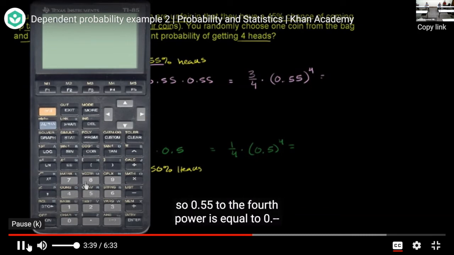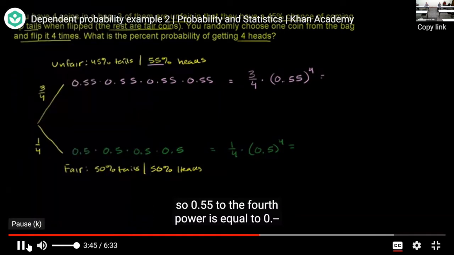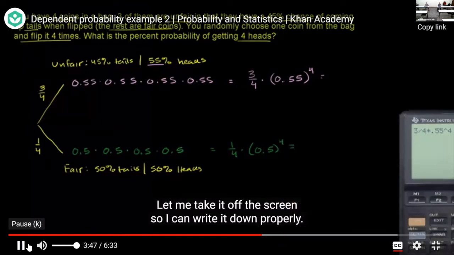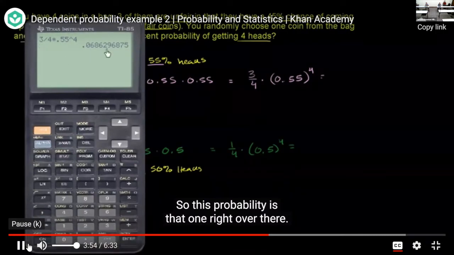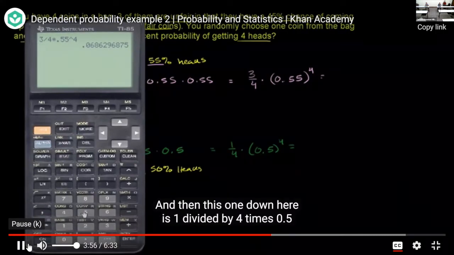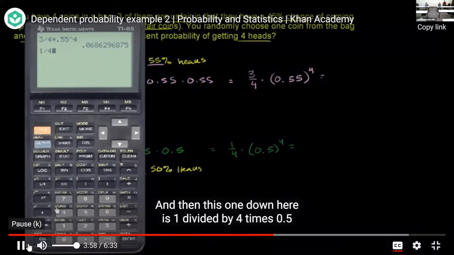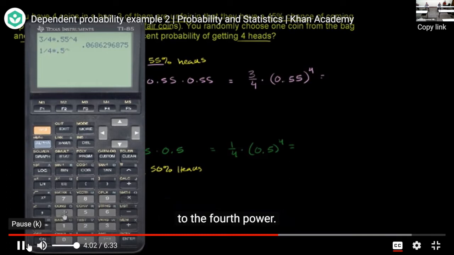So 0.55 to the 4th power is equal to... Let me take it off the screen so I can write it down properly. Actually, let me just do both of these calculations. So this probability is that one right over there. And then this one down here is 1 divided by 4 times 0.5 to the 4th power. So it's equal to that right over there.